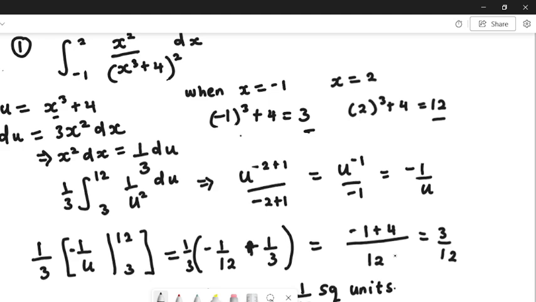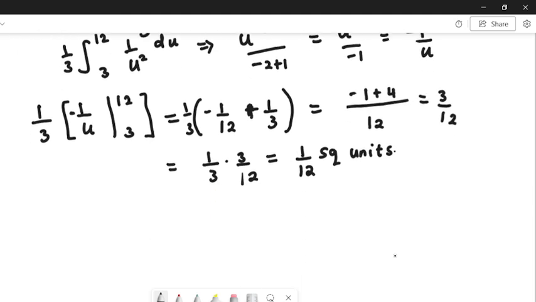So we have -1/u, which is the same as -1/(x cubed plus 4).